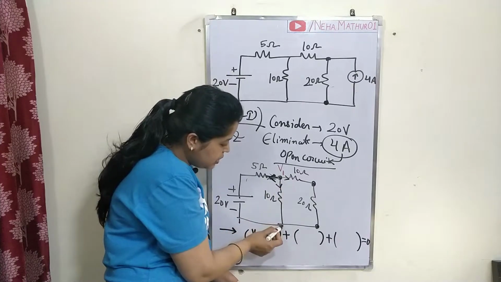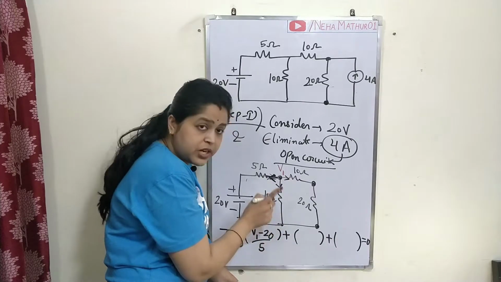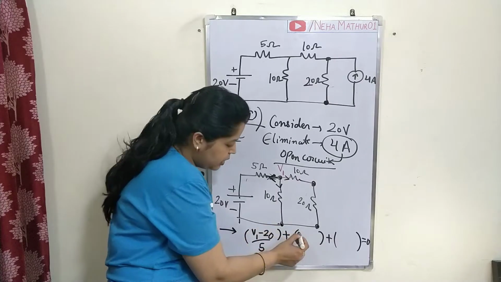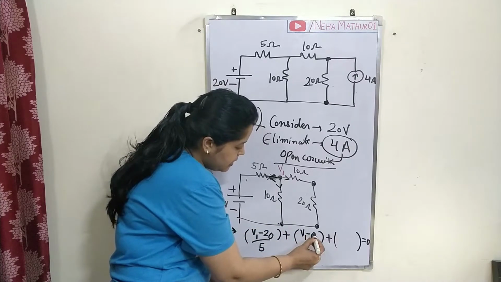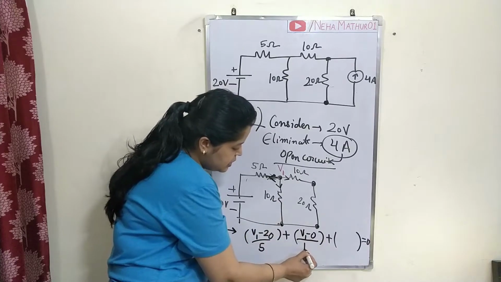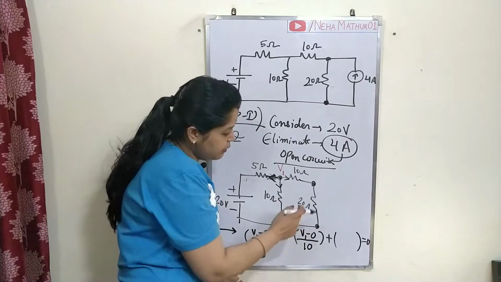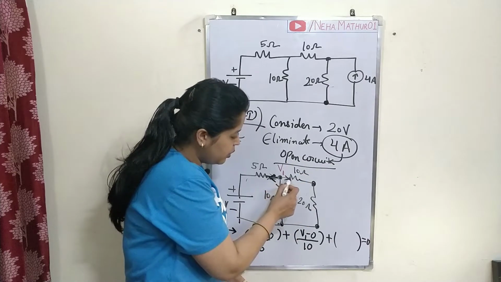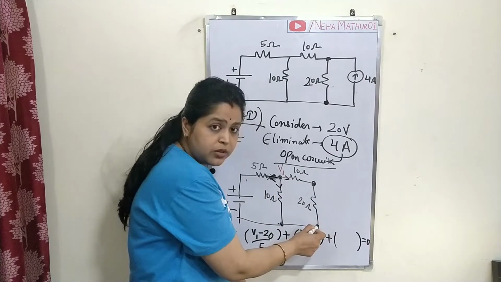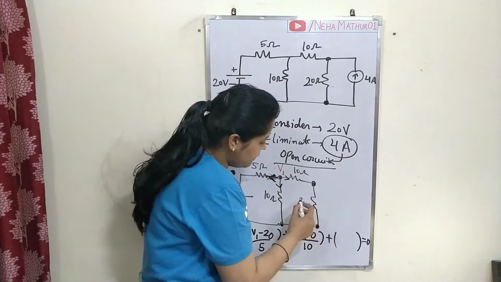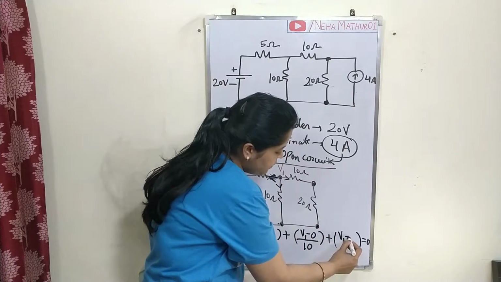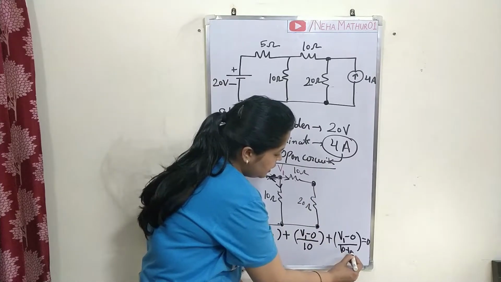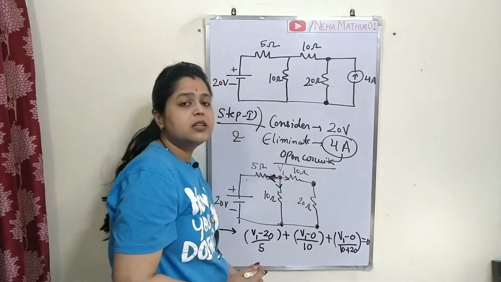Similarly, for this branch, the potential difference is V1 minus 0, as this is the reference node, ground. So it will be V1 minus 0 divided by the resistance, which is 10. Similarly, for this third branch, again the current is leaving. This is the first node and that is the next node, which is ground, so it will again be 0. So the voltage difference is V1 minus 0 divided by the resistance, that is 10 plus 20, because both are in series.